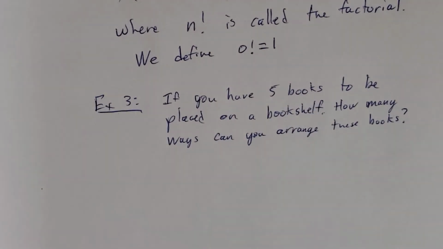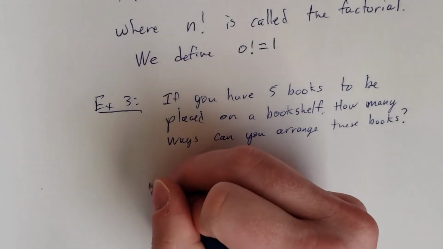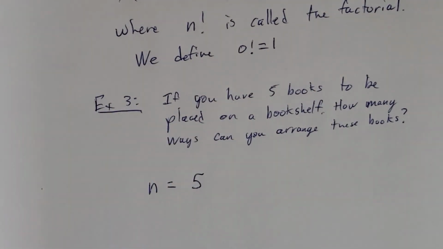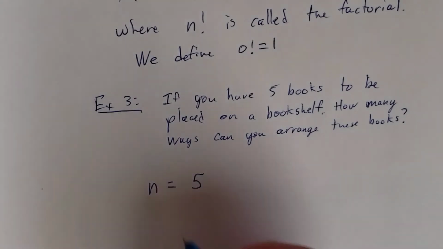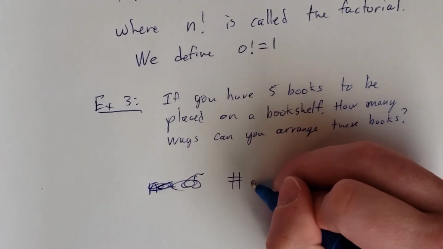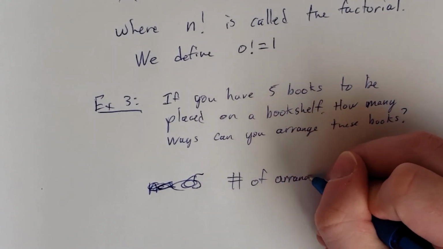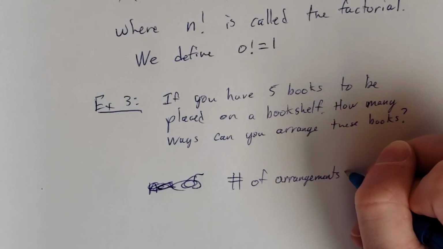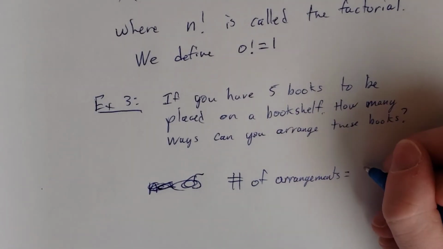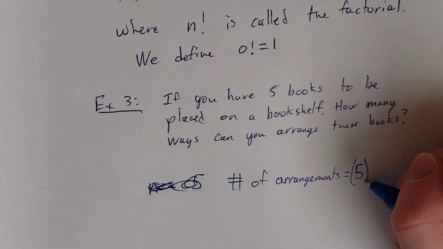Well, we have 5 books, so the leftmost book could be any one of those 5. Let's call the number of arrangements, well, the first book, the leftmost book, could be any one of 5 books.